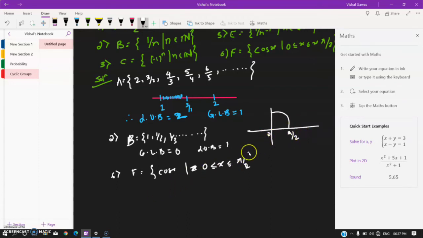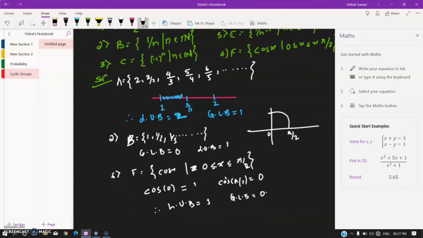So the biggest number cos can take is at cos of 0, which would be 1. And the least value cos can take in this particular interval is at pi by 2. So cos of pi by 2 would be 0. Therefore, the least upper bound of this set would be 1 and the greatest lower bound would be 0.